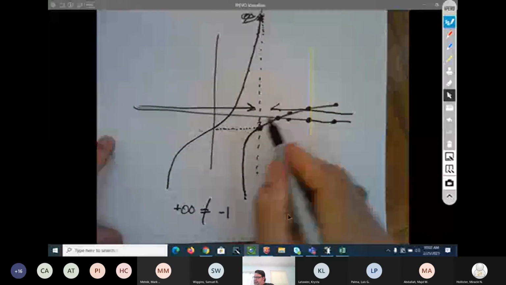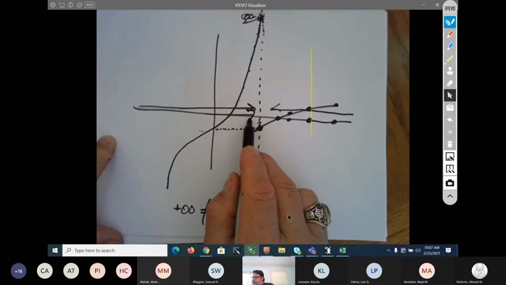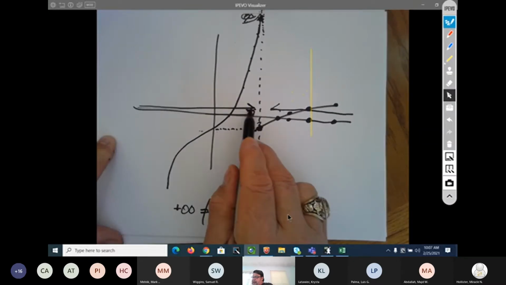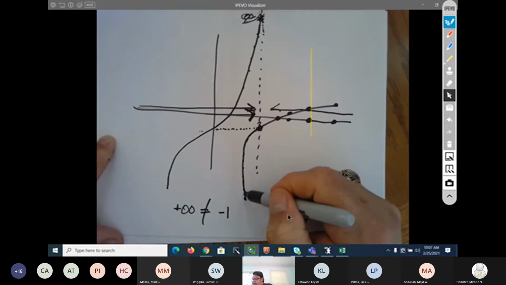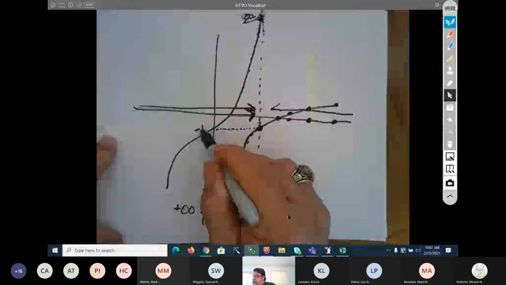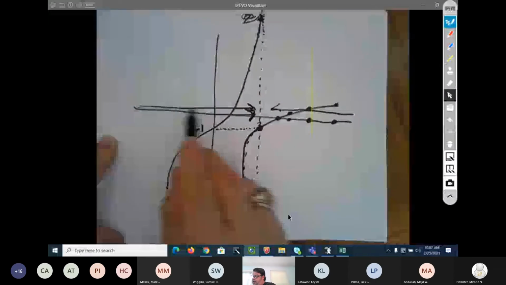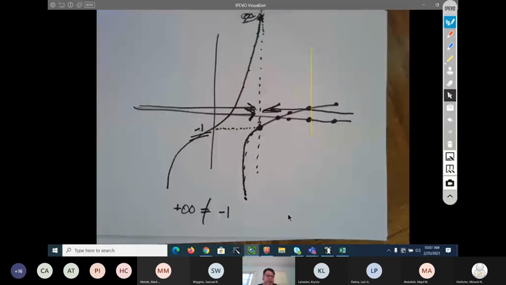If I'm approaching 3 from the left, it goes up here and then it starts down here and comes up. So I am approaching -1 when I approach 3 from the left and from the right. So the answer here would be -1.